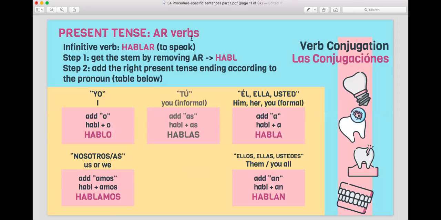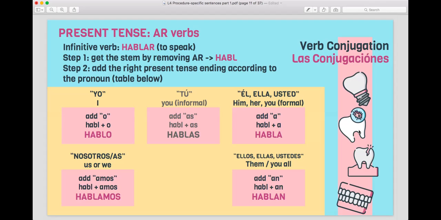Now we have some verb conjugation. We can just go through this one really quickly because there's the table at the end, but this is just to review for you guys. The table at the end tells you how to change the stem if the verb ends with AR, ER, or IR. So for AR, we're going to have yo hablo for the verb hablar, which means to speak.